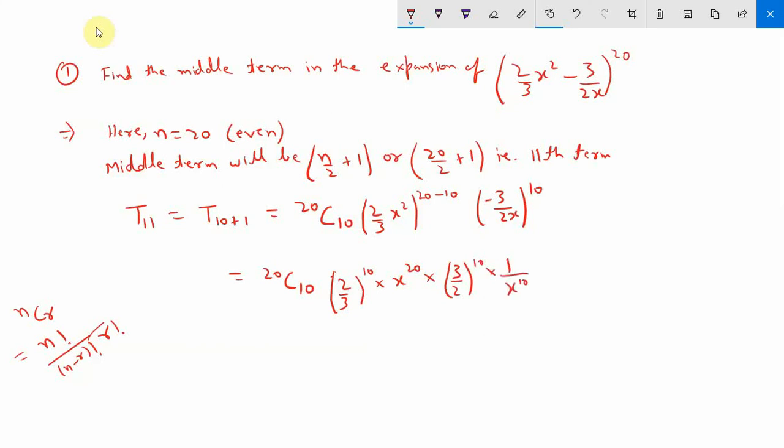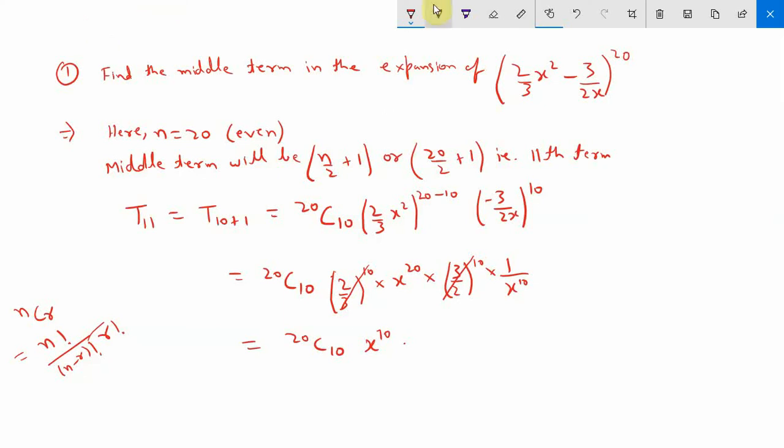Now it is (2/3) to the power 10 and it is (3/2) to the power 10. Both will cancel out with each other. So we will have 20C10 x to the power 20, and the denominator is x to the power 10. So x to the power 20 minus 10 equals x to the power 10. So this is the middle term.